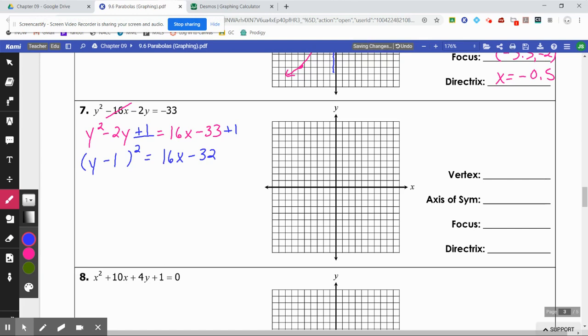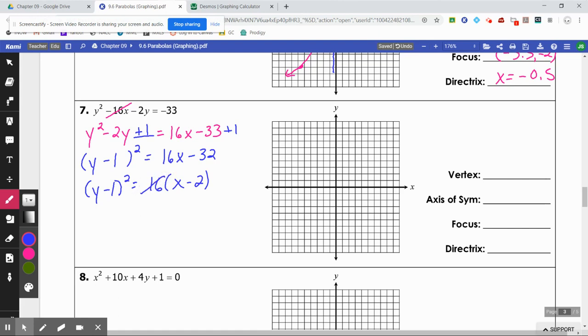Now here's what you're going to want to do: we don't want any numbers in front of our x, or if this was a y. We're going to actually factor this 16 out so that we can see that transformation. So when you factor out a 16, you're going to see it starting to look more like what you're used to seeing. The only difference is normally your number, the 1 over 4p stuff, is written out in front of the x squared or y squared stuff.